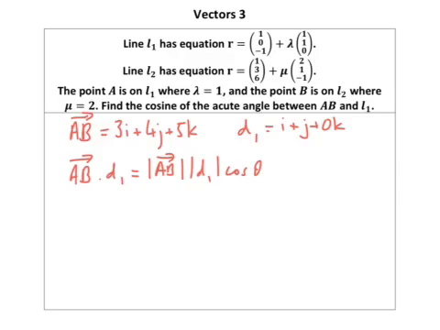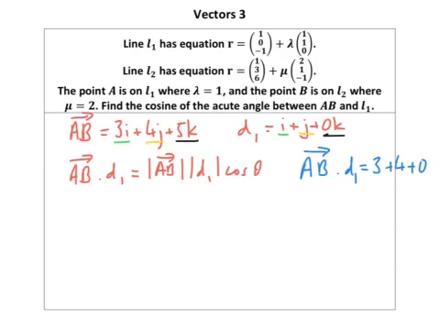So if I do AB dot d1 here, that's going to be 3 times 1, 4 times 1, and then 5 times 0. Okay, so that's where all this comes from.